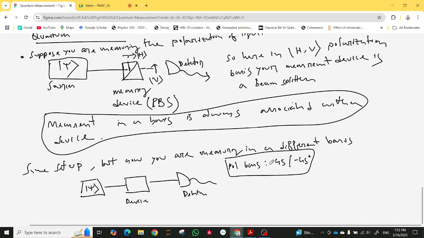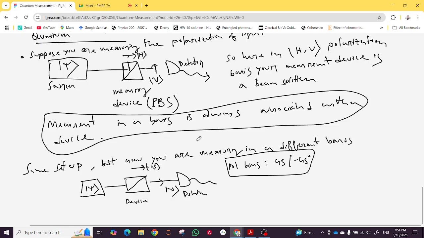In the first case you are measuring in the HV polarization basis, but in the second case the experimental setup is the same, and now you are measuring in the plus 45 degree minus 45 degree polarization basis. So you need some device that will give, suppose, plus 45 here, and in the upper one it may give you minus 45 degree.